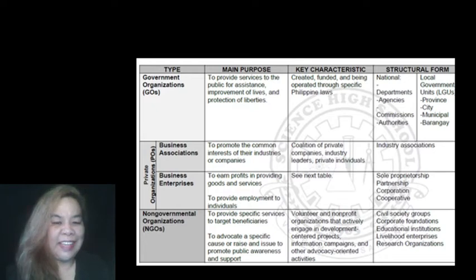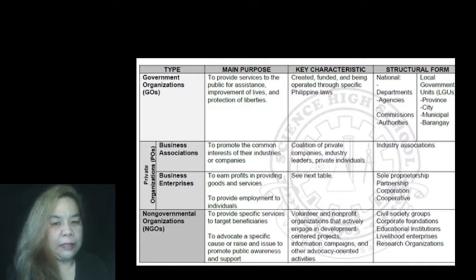Key characteristic: volunteer and nonprofit organizations that actively engage in development-centered projects, information campaigns, and other advocacy-oriented activities. There are different NGOs. We have civil society groups, corporate foundations, educational institutions, livelihood enterprises, and research organizations.